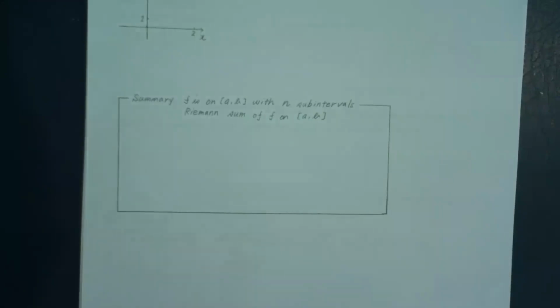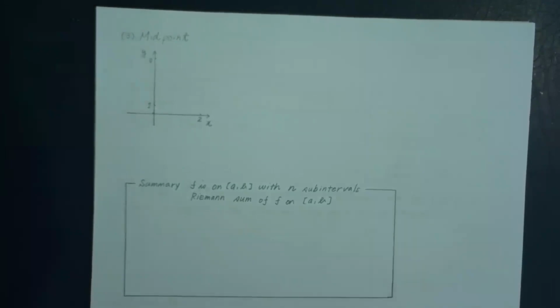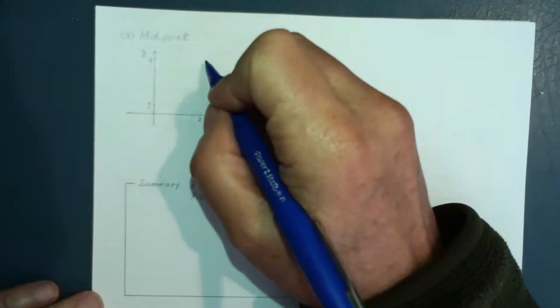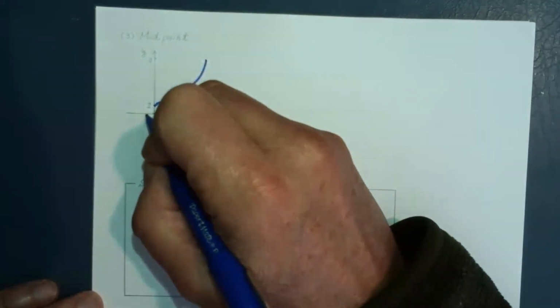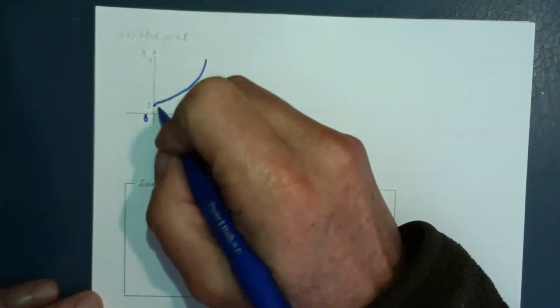Midpoint. Here we are. And once again, I'm going to over exaggerate this just because I want us to be able to see what it is that we have here. So here's 0. And again, I'm going to over exaggerate.